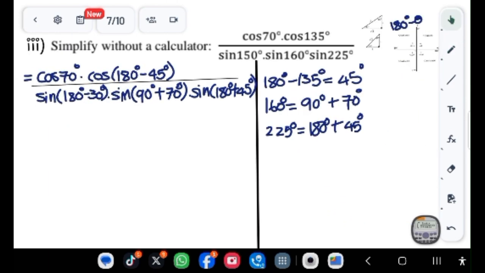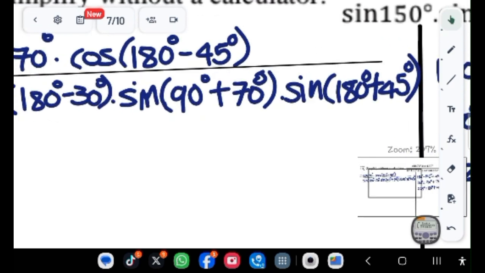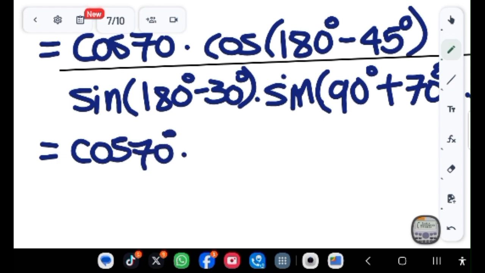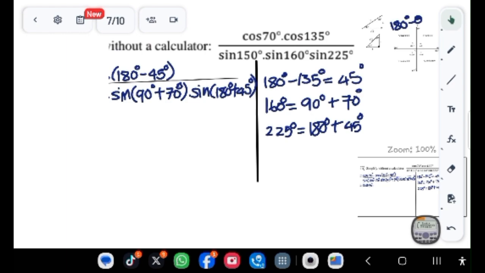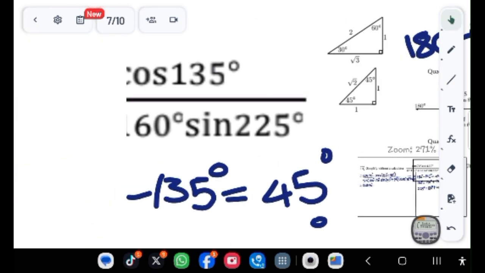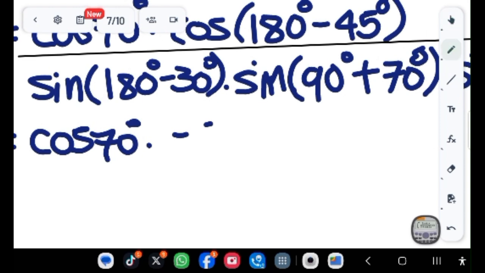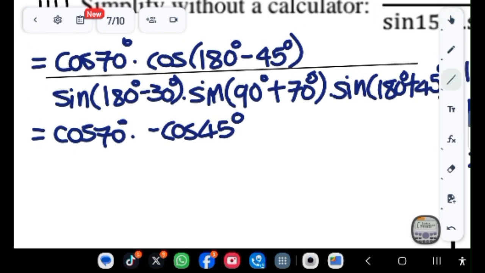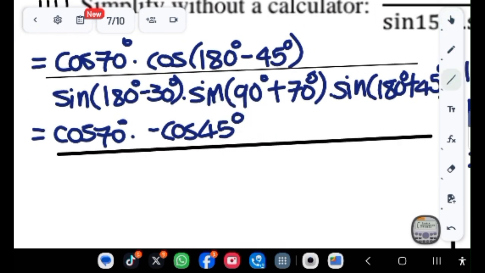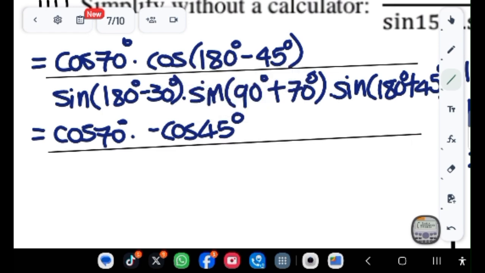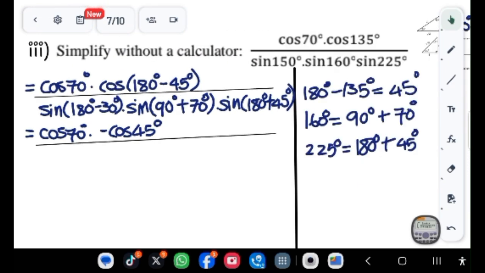All right, now that we've turned everything into special angles, let's go ahead and reduce. So that is cos of 70 degrees times cos of 180 minus 45. That's in the second quadrant where cos is negative, so that becomes negative cos of 45 degrees, all over, at the bottom, sine of 180 minus 30 degrees.